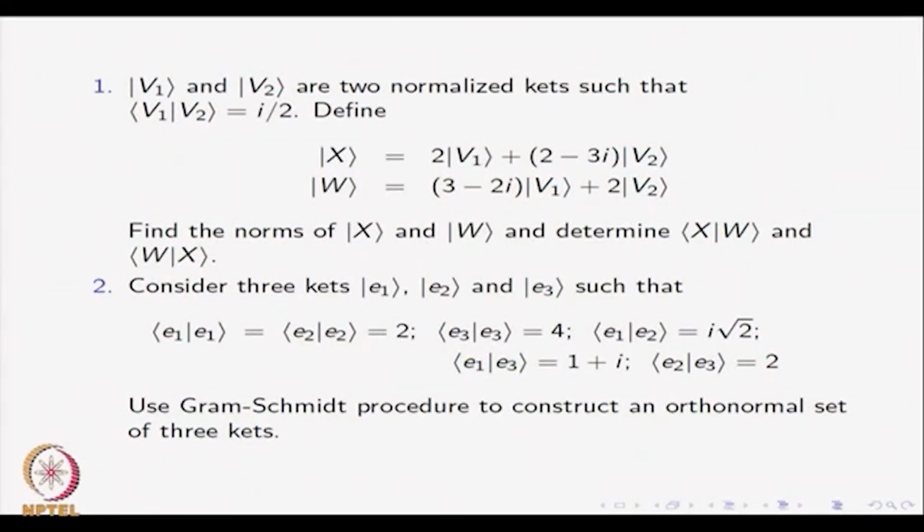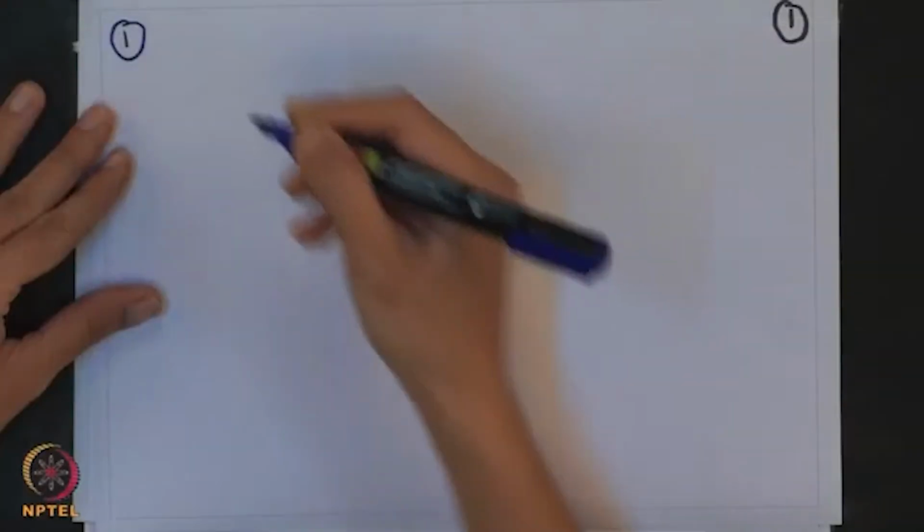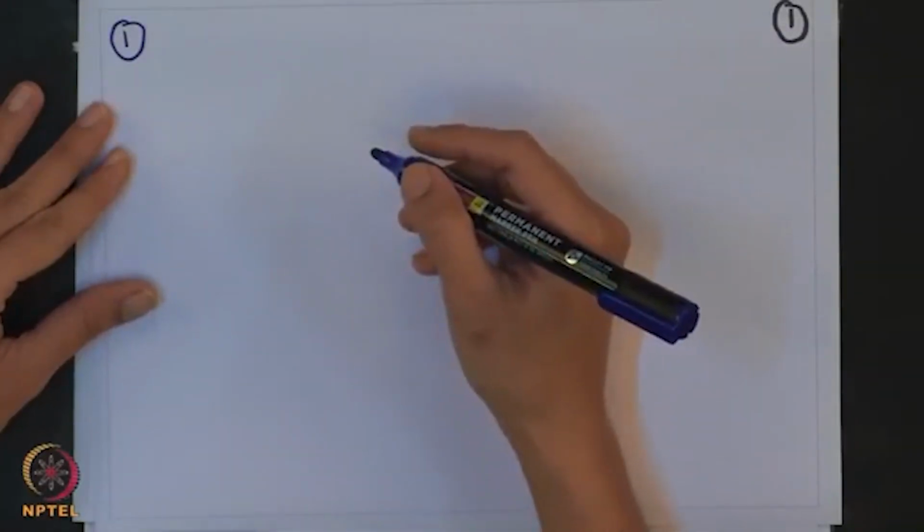The first problem says that there are two normalized kets given to you, and some definitions of these kets in terms of new kets are given. So we have to find out the norm of the two kets, ket x and ket w.